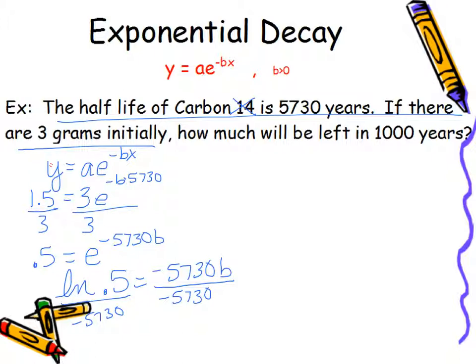Okay, so then we should get B, and we just go to our calculator, the natural log of 0.5, close that parenthesis, and divide it by your negative 5,730. And what you get is this super small number. It's actually in scientific notation. You know that because of that E -4 down at the end, or somehow your calculator should show you it's scientific notation.